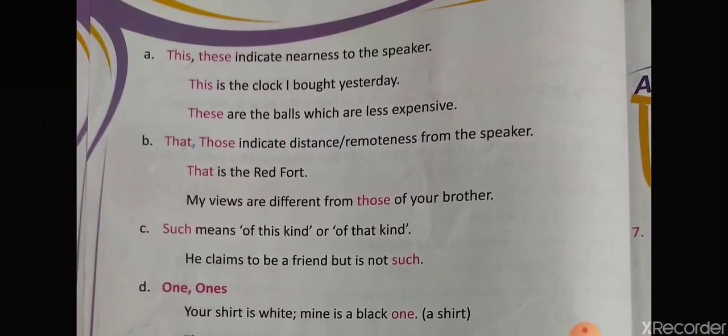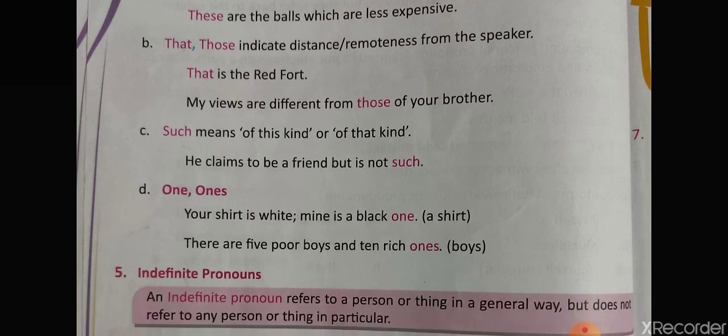So these indicate nearness to the speaker, right? With this and these we can easily understand that the thing we are talking about is kept near to the speaker. That and those indicate that it has been kept far. Such means of this kind or of that kind, right. Next is one and ones. One is like number one and ones is like many.